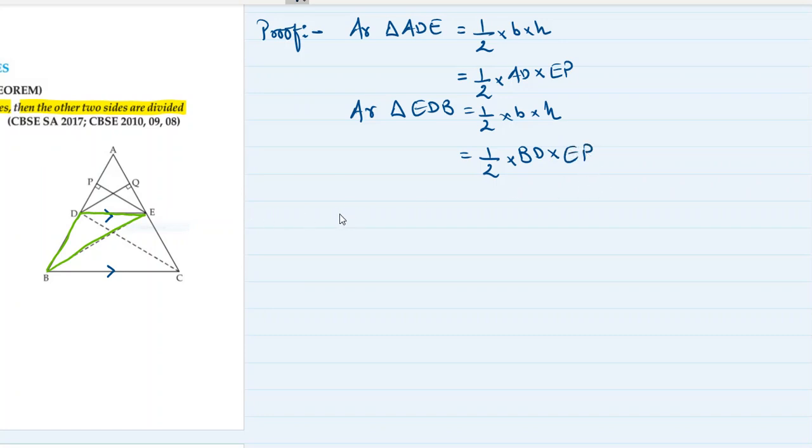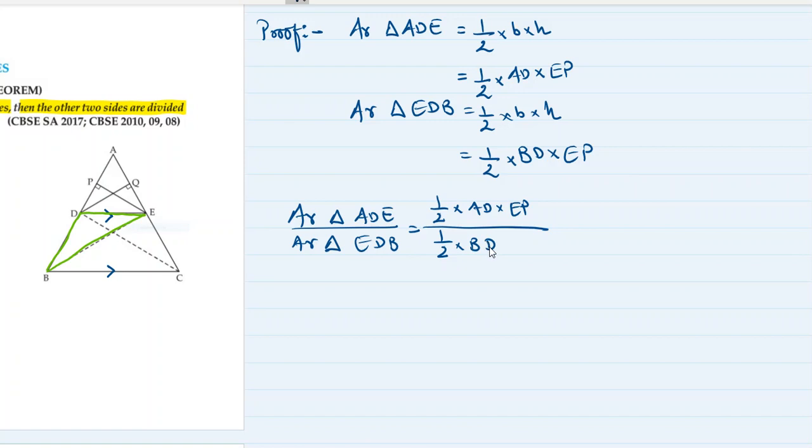Now, what I want you to do is find the ratio of the area of triangle ADE upon the area of triangle EDB. See, area of triangle ADE upon area of triangle EDB is half into AD into EP, the whole upon half into BD into EP.